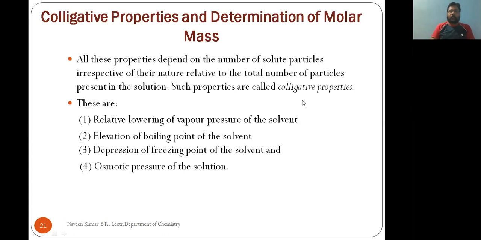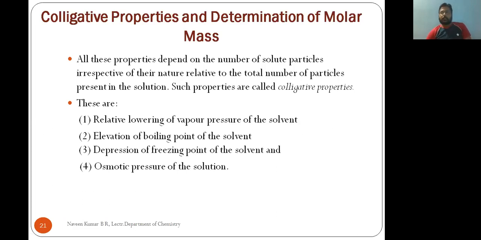So colligative property measurements will not depend on the nature of the solute but do depend on their number, only on their number. Hence, colligative properties are defined as those properties of the solution whose measurement depends only on the number of solute particles but not on the nature of solute particles.